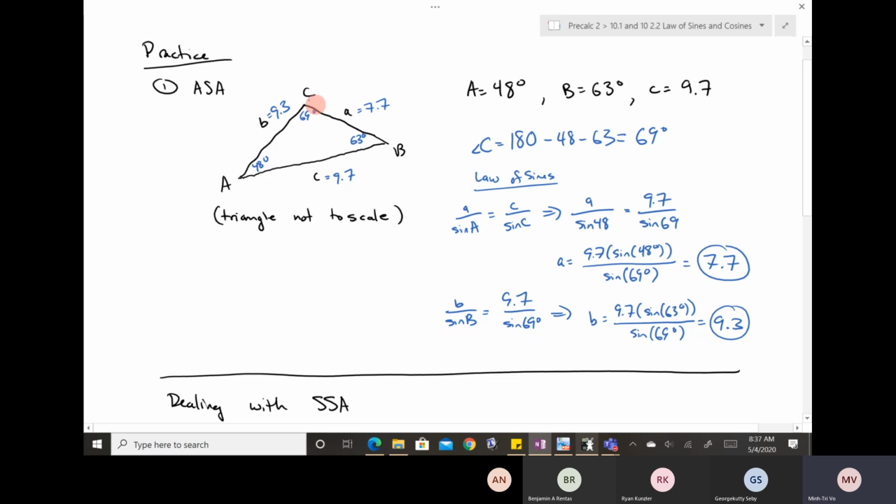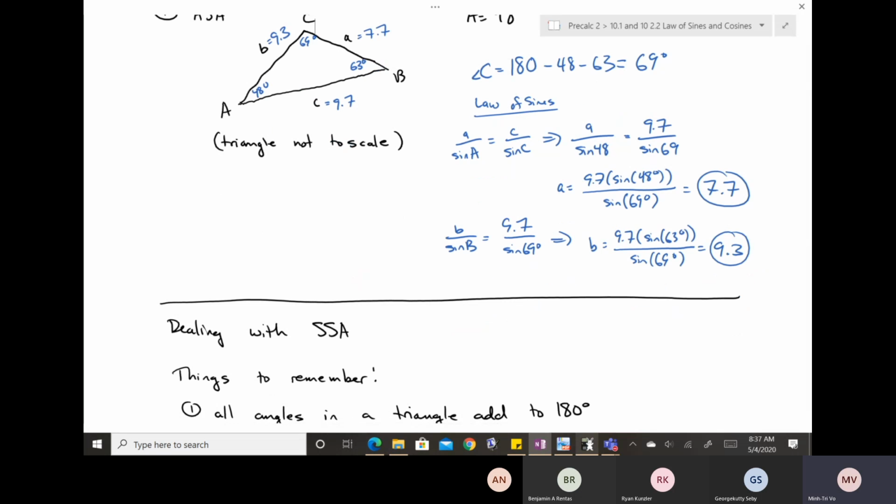So comparing the three sides, it should be the same. Side C is the biggest, then side B is next, and then side A is the smallest. So the angles and the sides relate to each other in this way, where the bigger the angle, the longer the corresponding side. Okay.